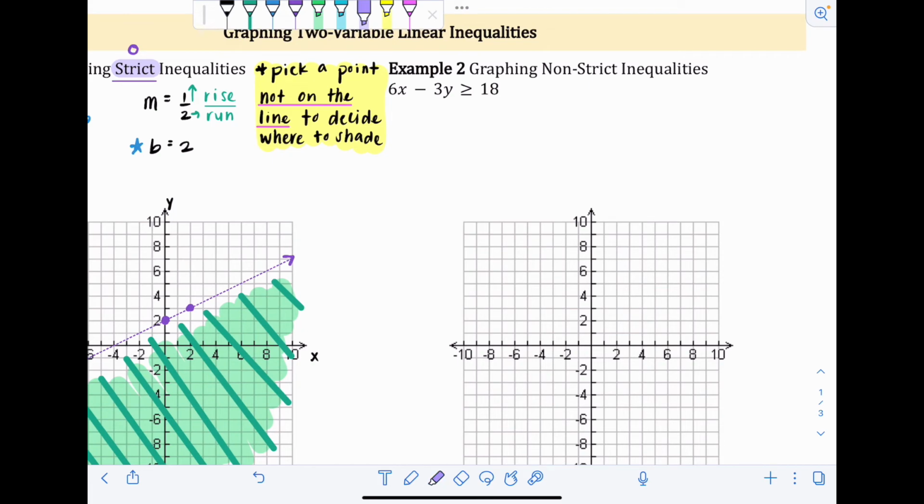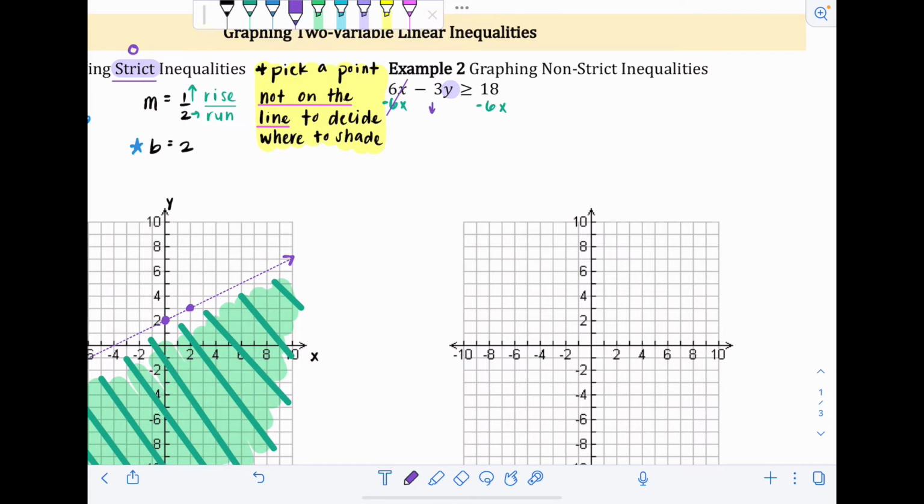So that means that we want to get y by itself. So I'd have to use inverse operations to cancel out the things around it. In order to do that, first I would subtract 6x, and then I would have to subtract it from the other side of the inequality as well. So 6x minus 6x cancels out.